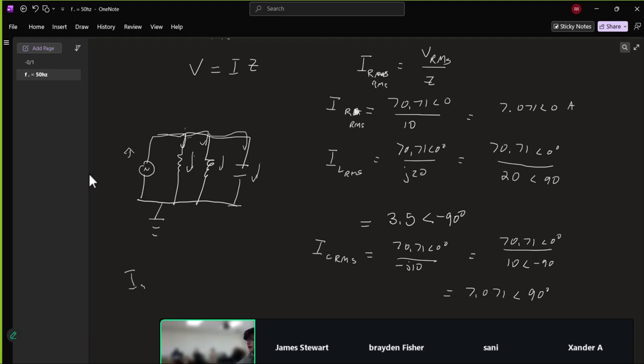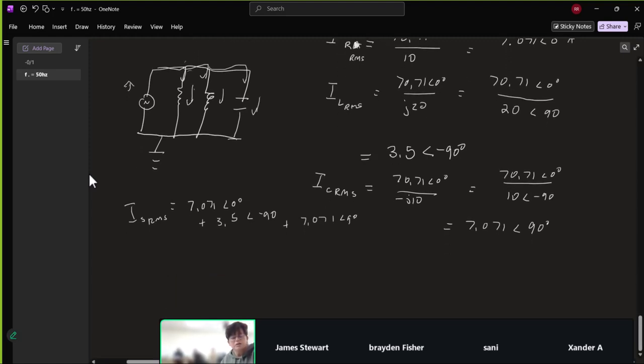So I_S RMS equals 7.071 angle 0 plus 3.5 angle negative 90 plus 7.071 angle positive 90.